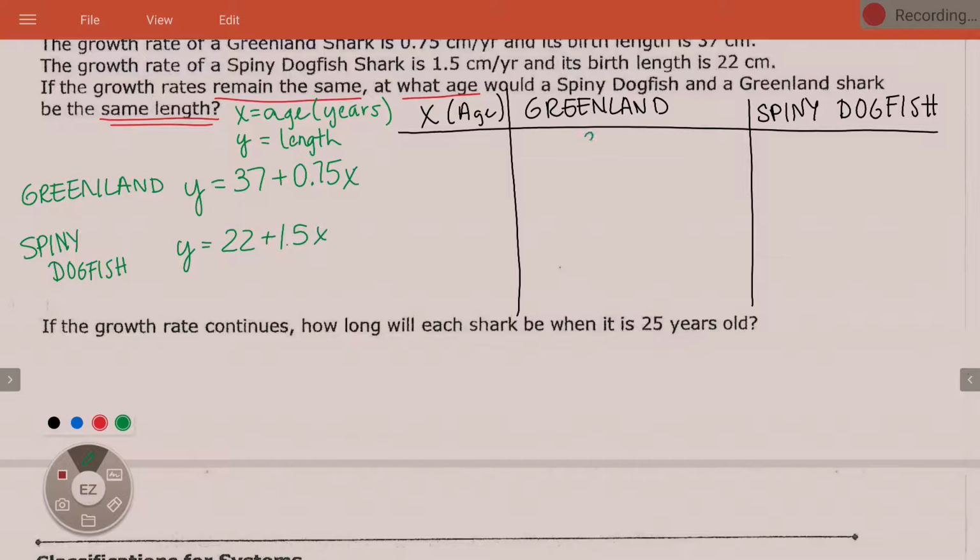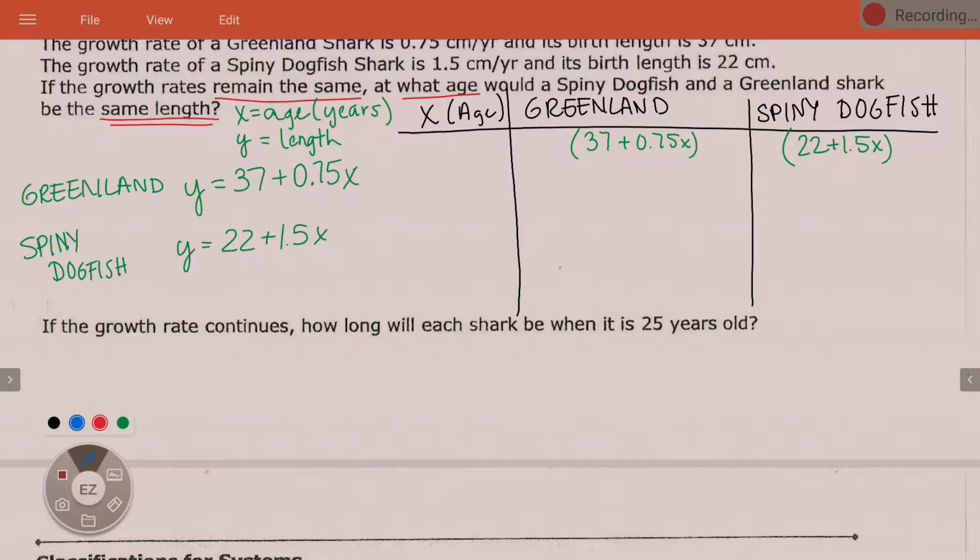For the Greenland shark, we already talked about the fact that we're going to be doing 37 plus 0.75x. And for the spiny dogfish, we're going to be doing 22 plus 1.5x.